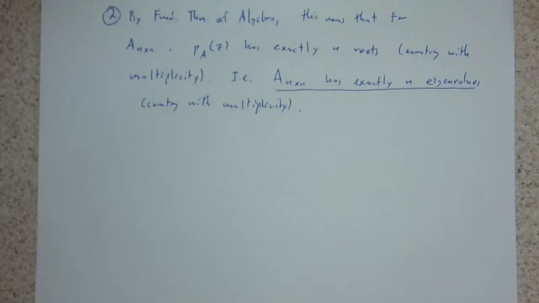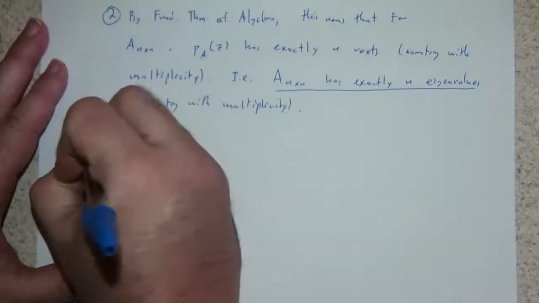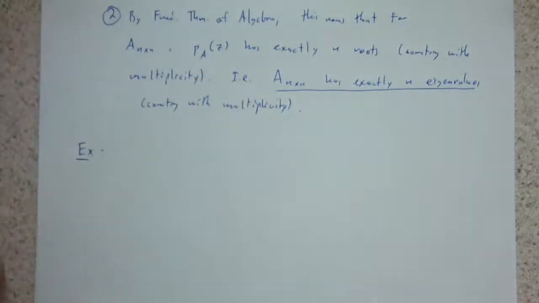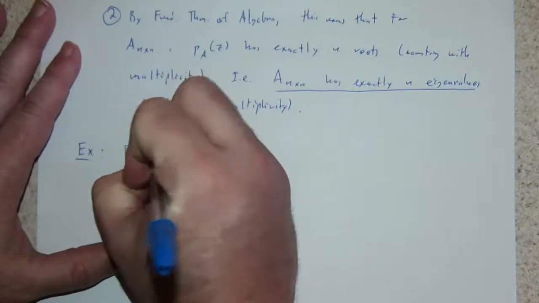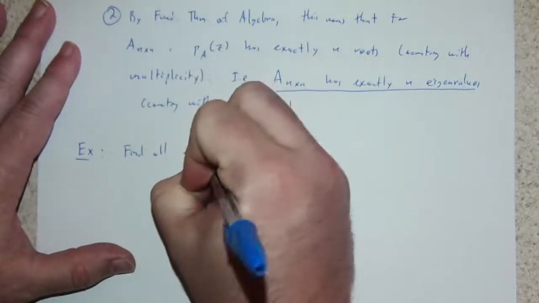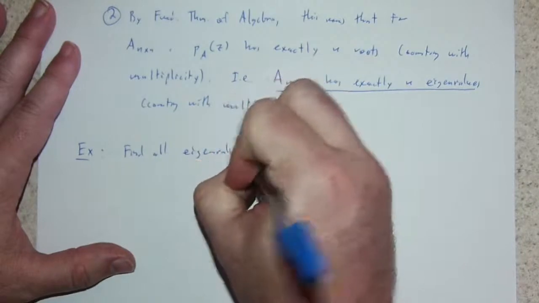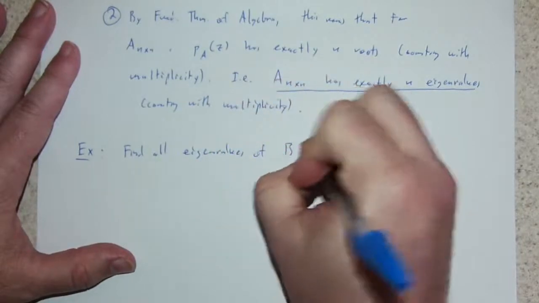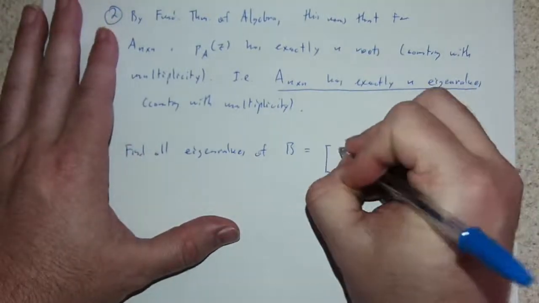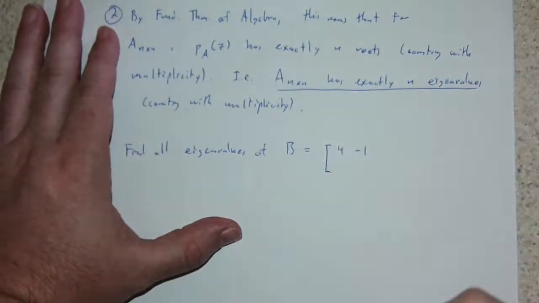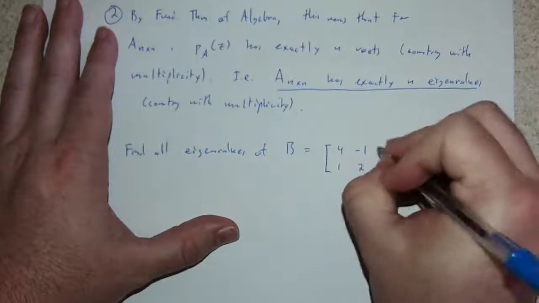Okay, so let's do an example. Find all eigenvalues of the matrix, we'll call the matrix B, and this is the matrix 4, minus 1, 1, 2.